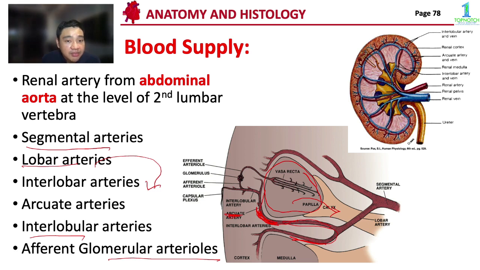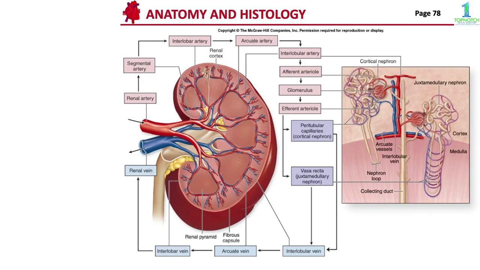So let's follow the blood again on the next slide. So let's follow the course of oxygen-rich, nutrient-rich, unfiltered blood that flows from the renal artery, going to the segmental arteries, and then to the interlobar artery.